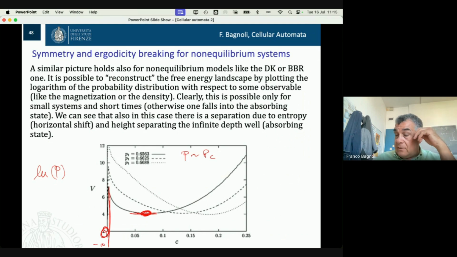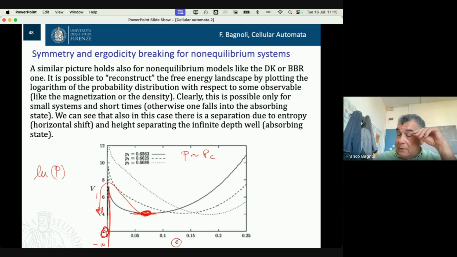In this case, it is not the magnetization, it is the number of ones. And for P below Pc, there is always a possibility of going into the absorbing state for a finite system.